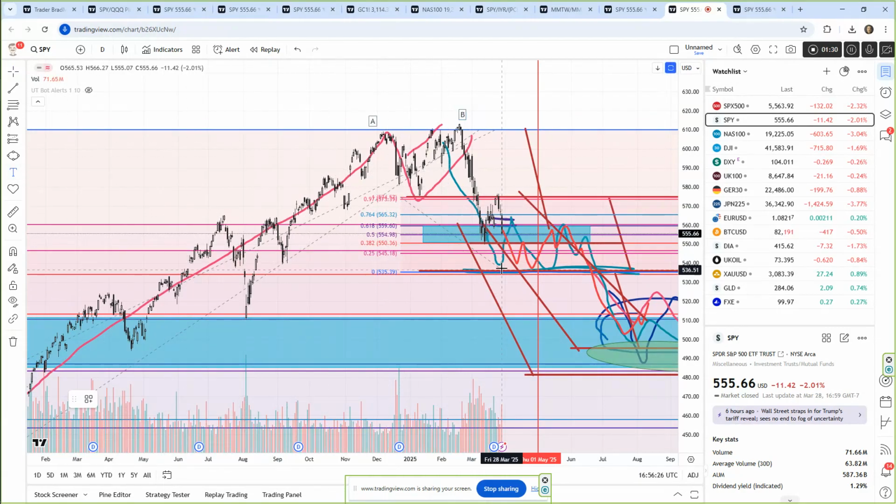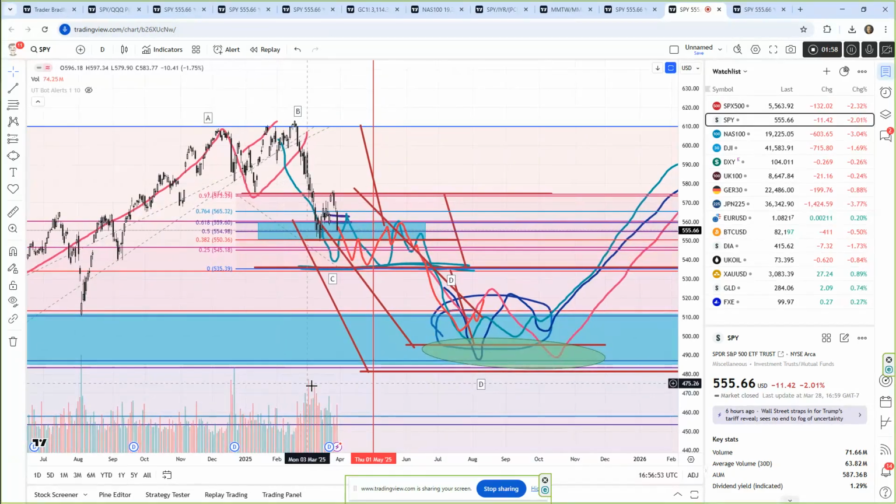There's actually one other pattern that I've been working on that I believe is going to be equally as powerful as this excess phase peak. And ultimately, if we do get the breakdown, which is D, then we will end up looking for the ultimate low potentially down here. Now, there's two things that I want you to be aware of.